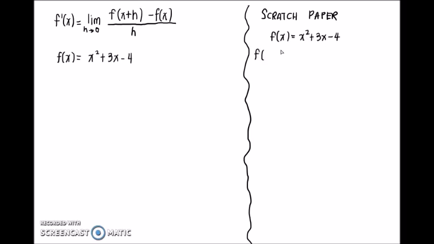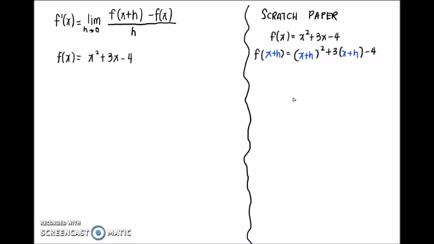So f of x plus h equals... So, palitan natin yung ating variable na x ng x plus h. So, the first x here, so x plus h. Next one, another x plus h. And hindi lang mag-isa yung x natin dito, we have another one. So, we have another x plus h.